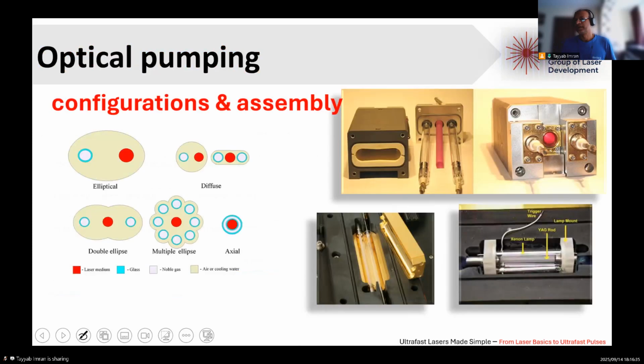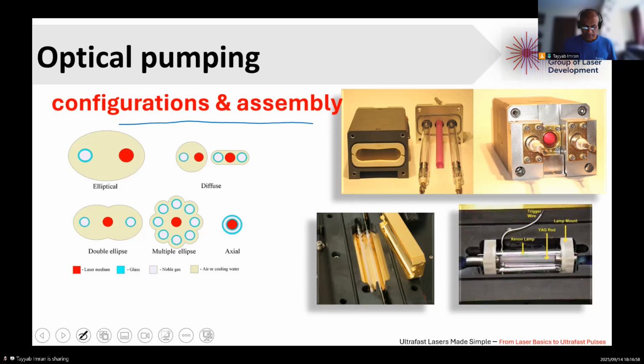What do you see here? These are configurations and assemblies of Nd:YAG lasers, specifically. This arrangement is necessary to have laser action.